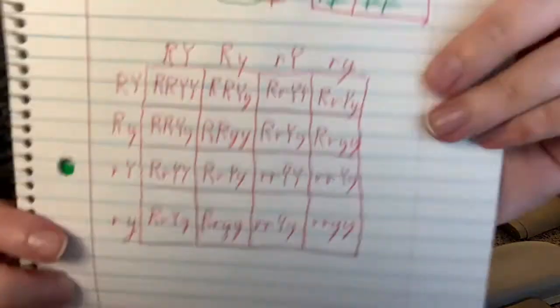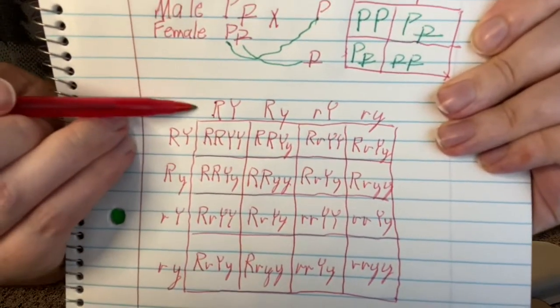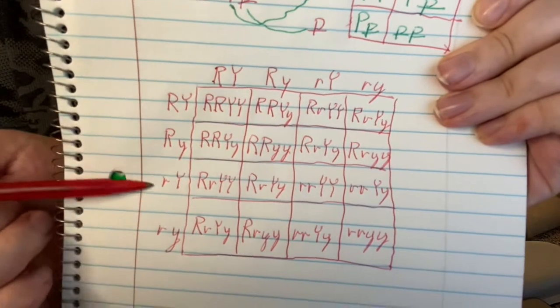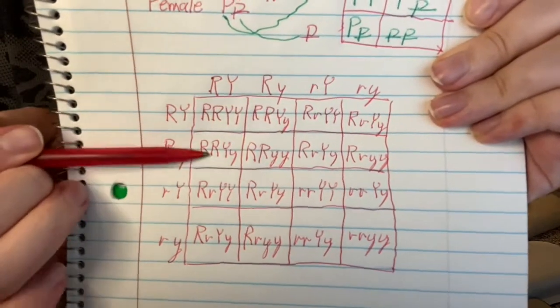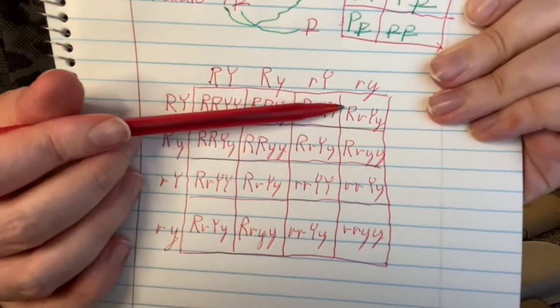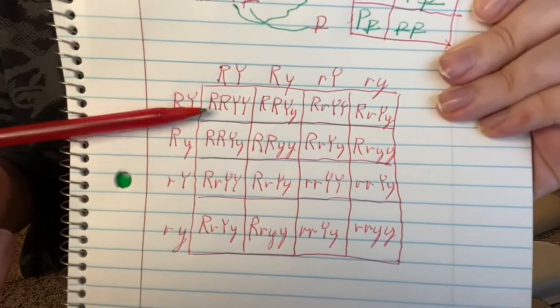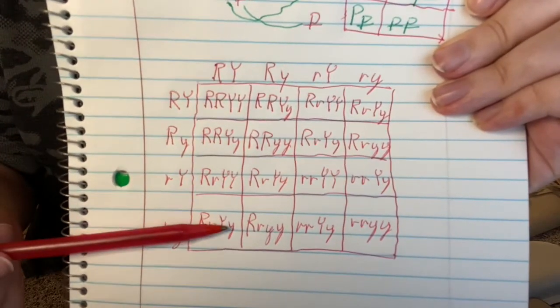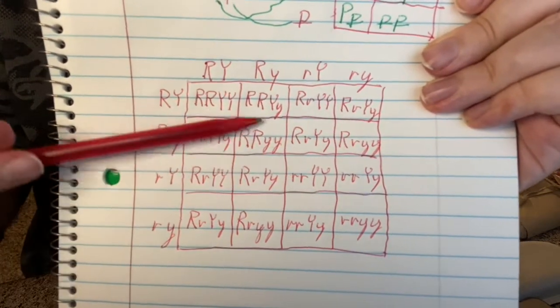Okay, and I'm going to show you how that goes. So we have all the gametes on the top, all the gametes on the side here. And then all in the center here are the potential offspring that we can get with these gametes. And I realize that this might be a little bit more difficult for you to see than what's on the PowerPoint.